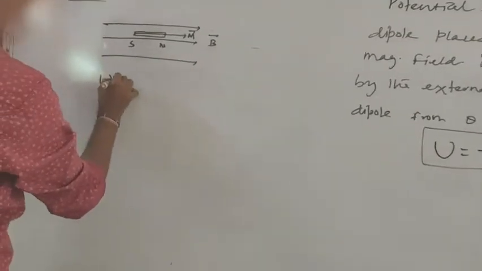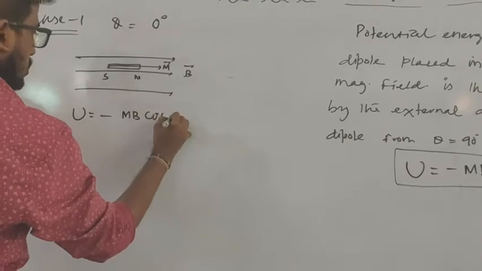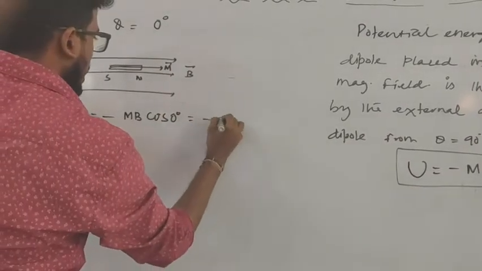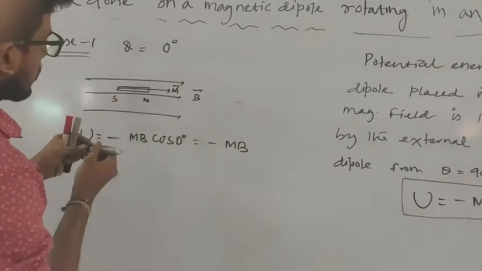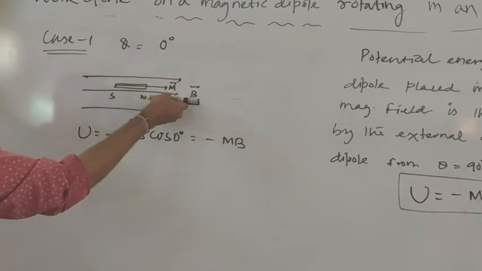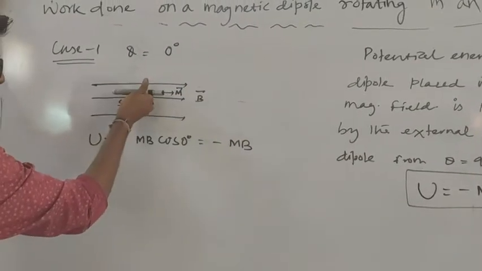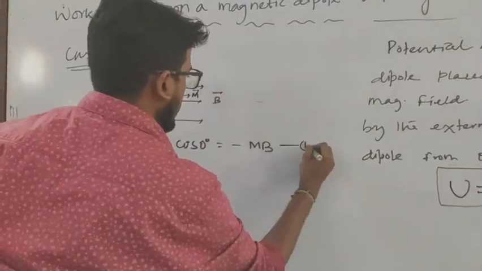So U equal to how much? Minus MB cos 0 degree, as theta equal to 0, so it will be minus MB. Clear? So when the dipole is placed in such a way that the dipole moment and the external magnetic field are along same direction, the potential energy of the magnetic dipole will be minus MB. Clear?